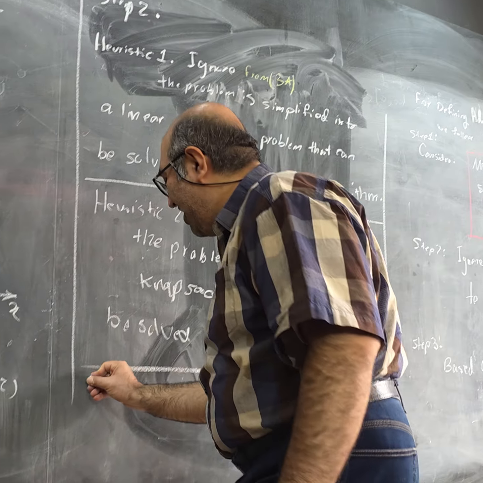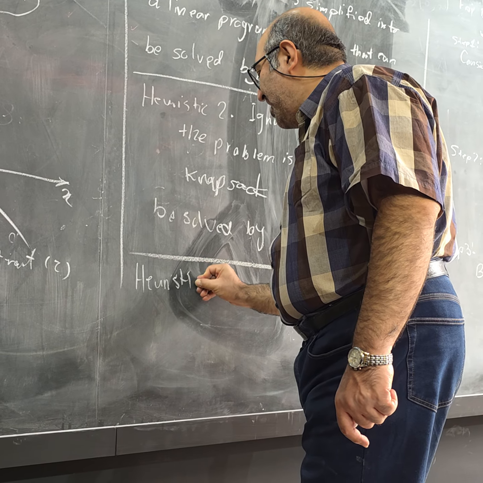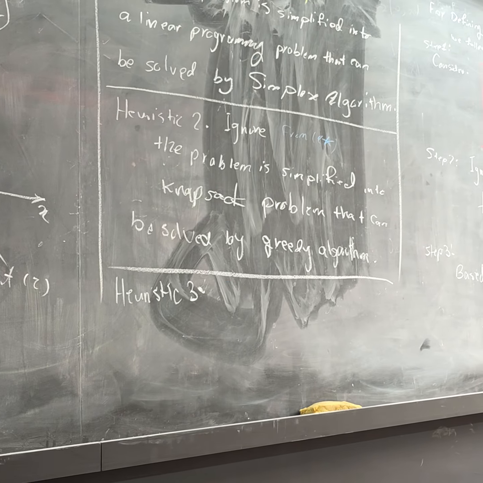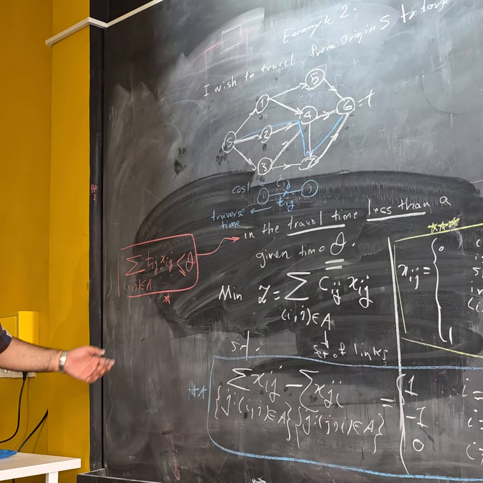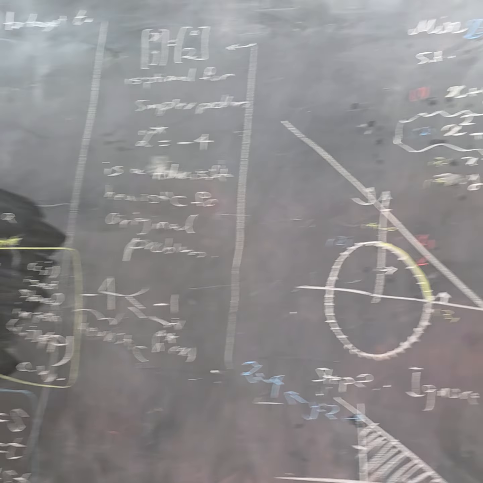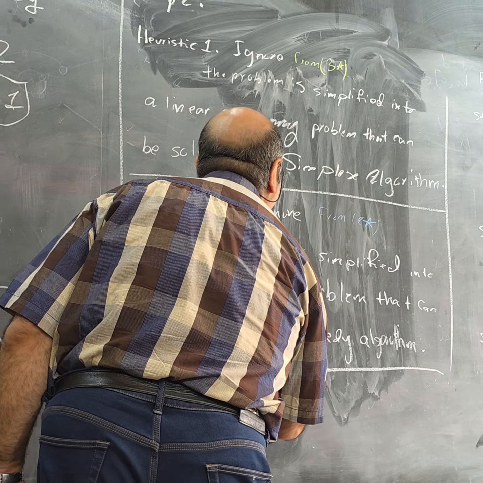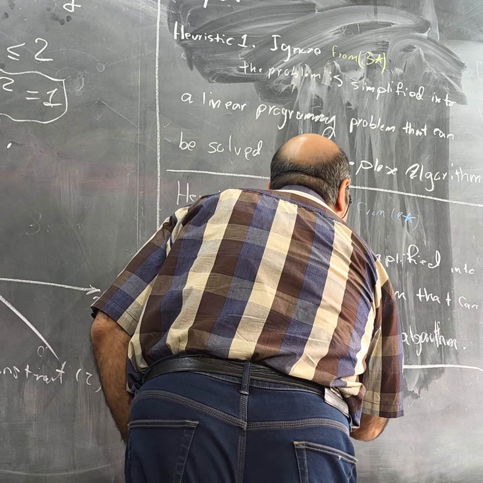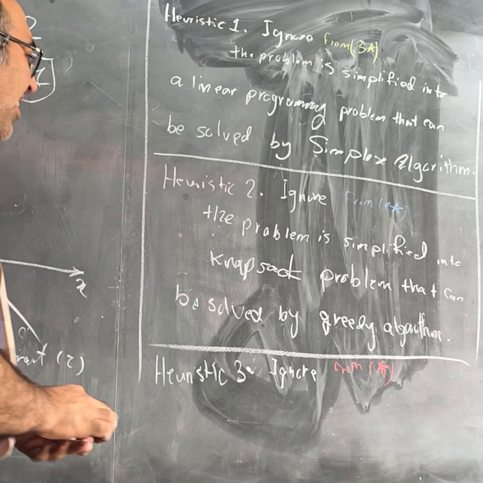Heuristic 3. You can ignore this constraint, 1 star.